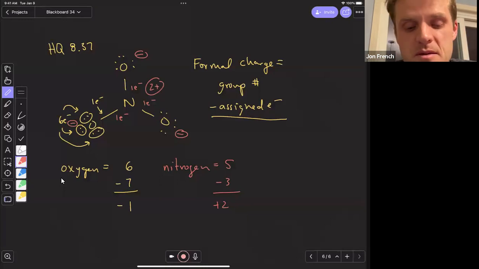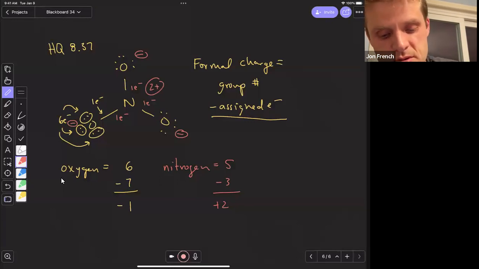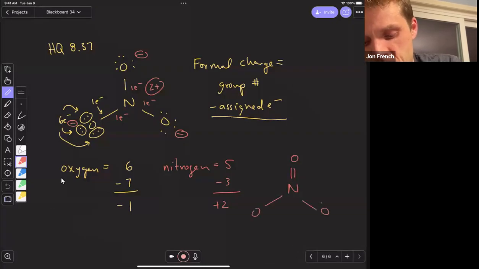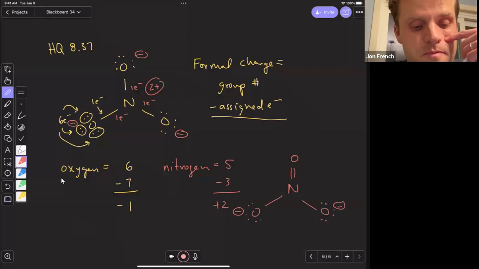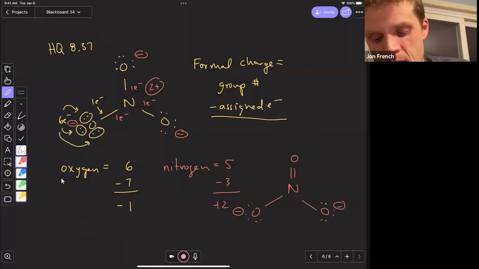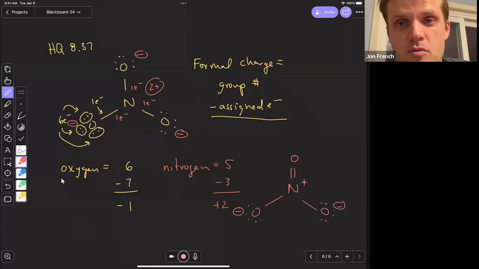We want to minimize formal charge whenever possible. So an example of a better Lewis structure would be nitrogen double bonded with an oxygen. Here we've minimized formal charge.